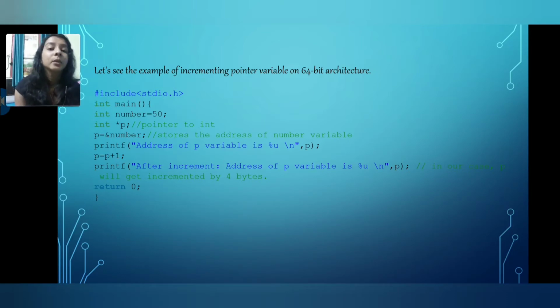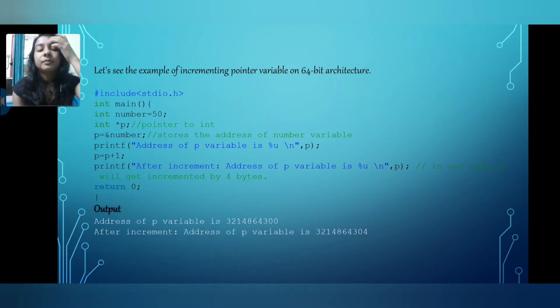P = P + 1 increments the pointer by 1 value, and then you print the next address, the updated pointer. Let us look at the output. If you see, the second address, the new address, is actually incremented by 4 units. Whereas the pointer was updated by 1 unit, the address is updated by 4 bytes. Because as I said, in 64-bit architecture, the value of the pointer would be incremented by 4 bytes. So yes, it happens that way.